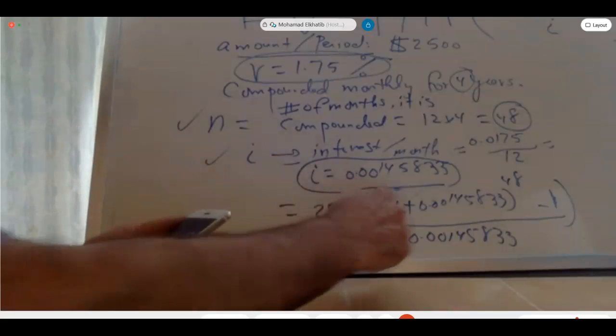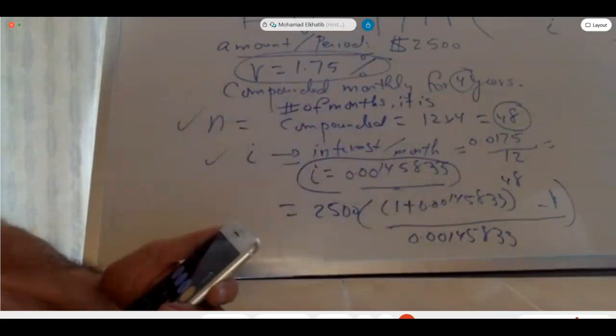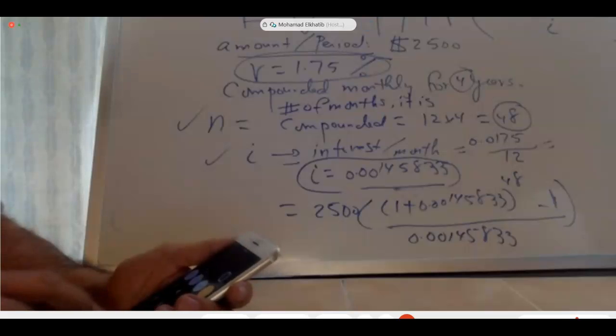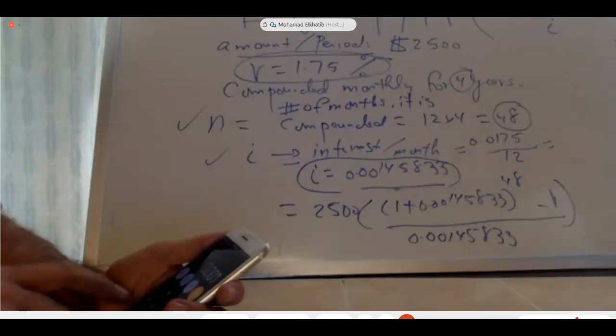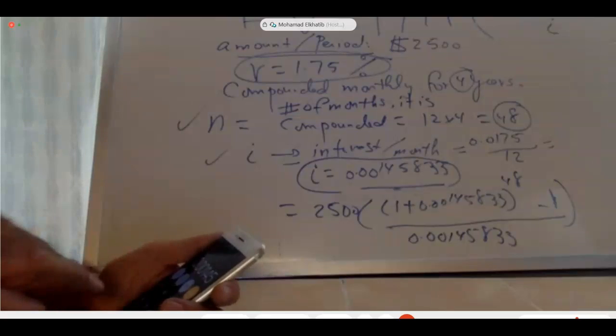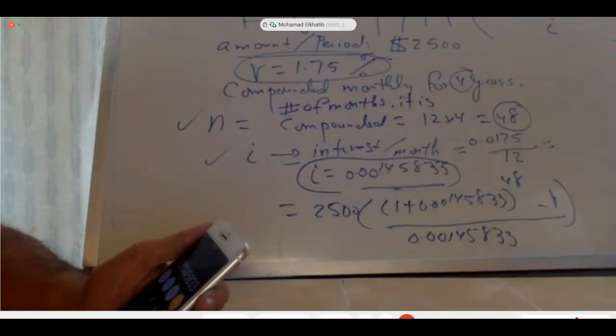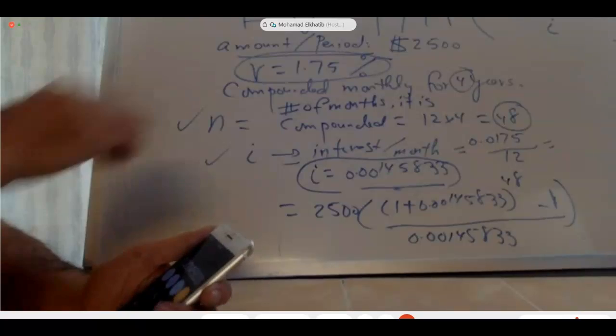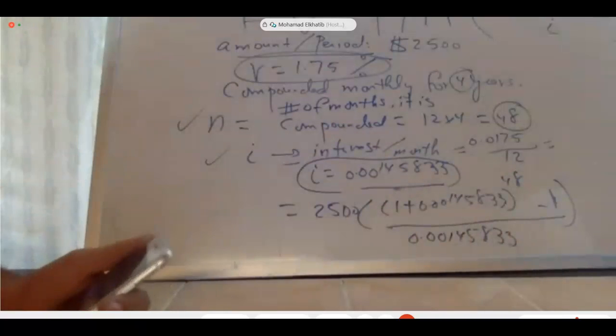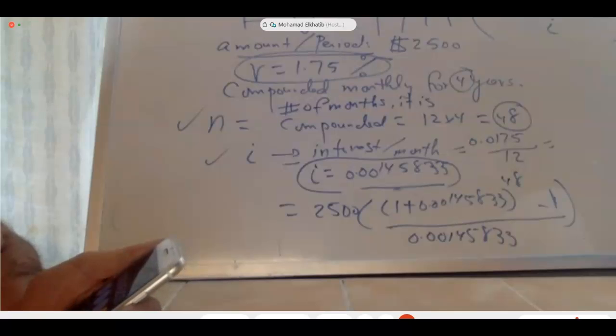All right. First, I'm going to do the parentheses. 1 plus 0.00145833 equals. So what did I do first? I did the parentheses inside. As I'm telling you, write it in your notes, class.